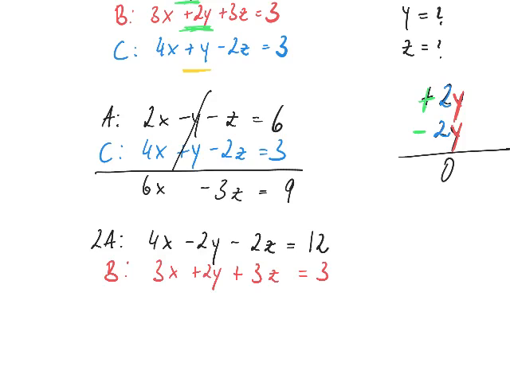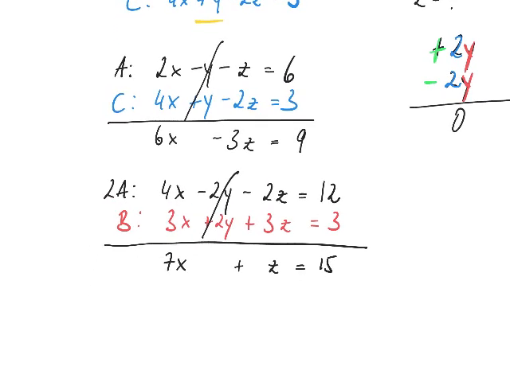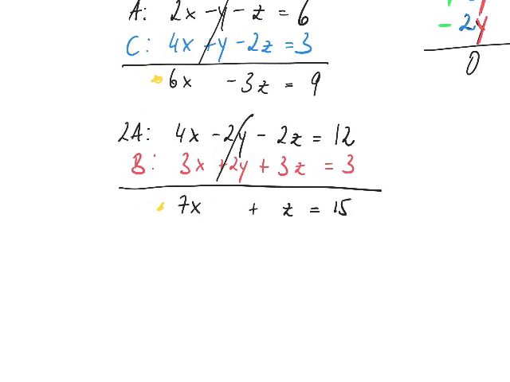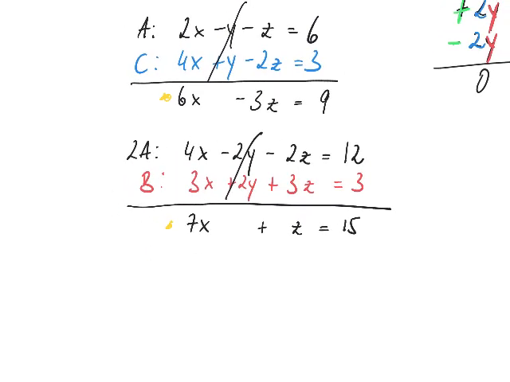So now I add these 2. 4x plus 3x is 7x, minus 2y plus 2y is gone, minus 2z plus 3z is plus z, and 12 plus 3 is 15. Okay, so now I have 2 equations with 2 variables, and I can do the same thing again. So I write them out again: 6x minus 3z equals 9, 7x plus z equals 15.